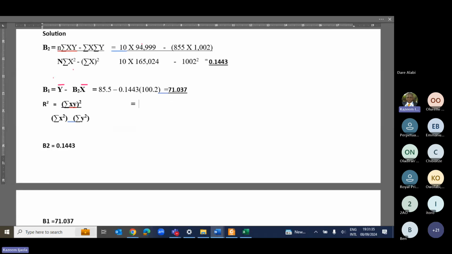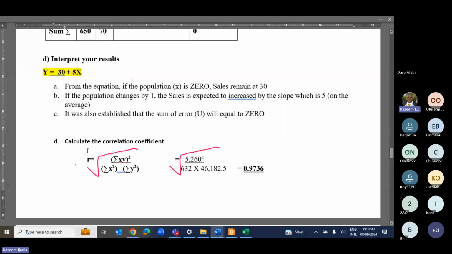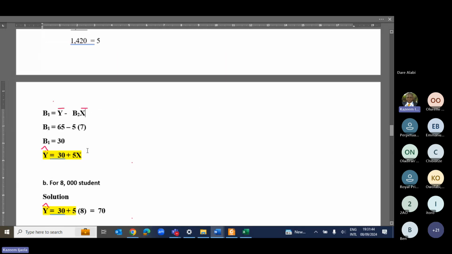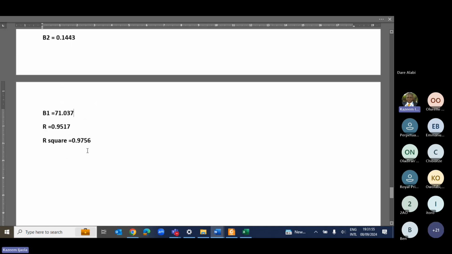So what is the summation xy alone? Summation xy is 94,999.